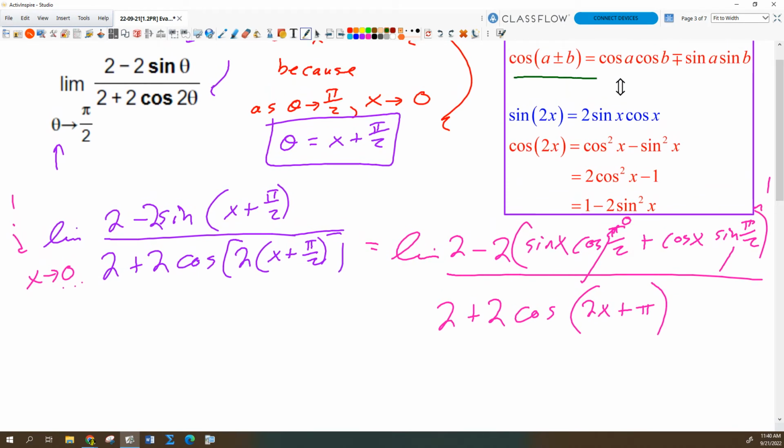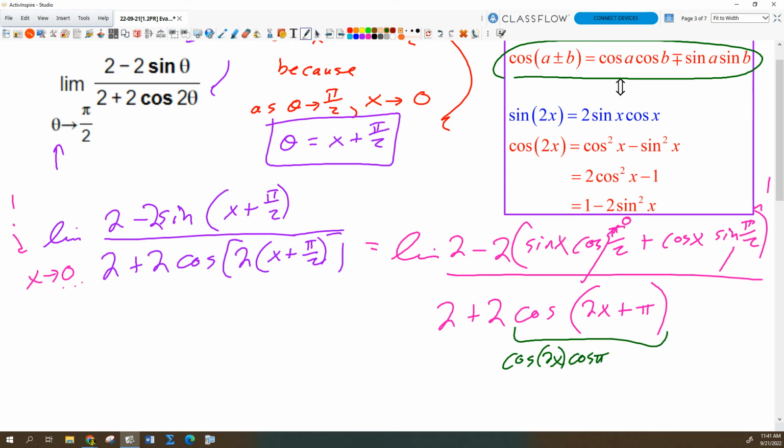If I use this identity, the cosine of 2x plus pi is going to be cosine 2x times cosine pi, right? So this part right here is going to become cosine 2x cosine pi, which is just -1, right? Minus sine 2x sine pi, which is 0.